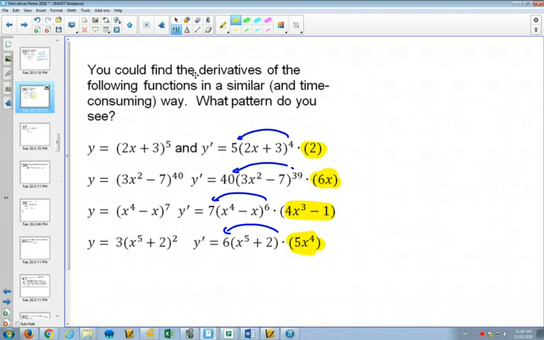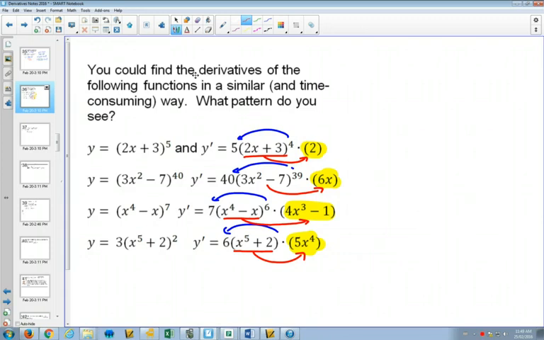So what we notice is that each of these yellow ones is just the derivative of the inside function. And the top one is also the derivative of the inside one. And our last one, which had a 3x, also was the derivative of our inside one.